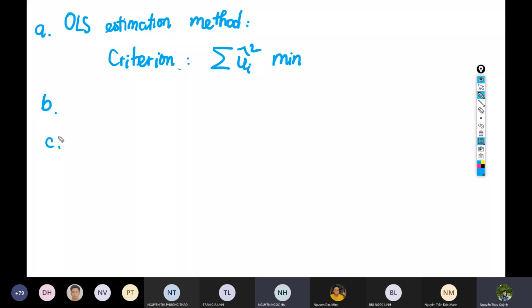All right, those are the best characteristics that we want an estimator to have. But remember that our OLS estimators can only have those characteristics if our model satisfies the assumptions of the classical linear regression model. Okay, any question here?